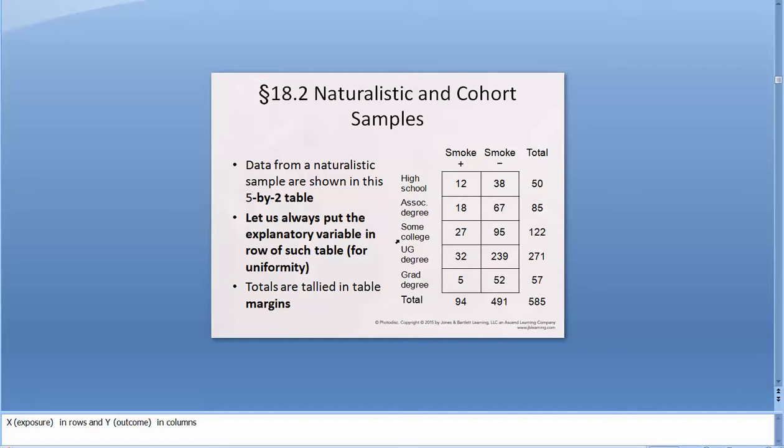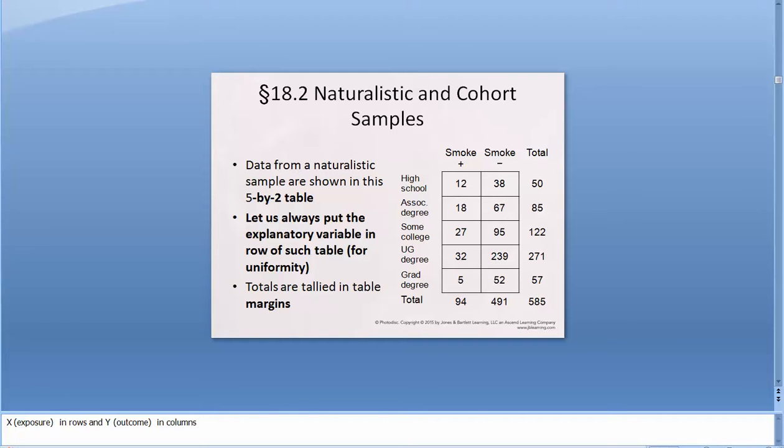Typically the explanatory variable, which is the exposure, will be placed along the rows. So in here exposure is education level. Depending on what you are exposed to, are you going to smoke or not? So smoking status is going to be the outcome. So outcome is in columns typically, and the exposure is in rows. That is typically what the convention is.